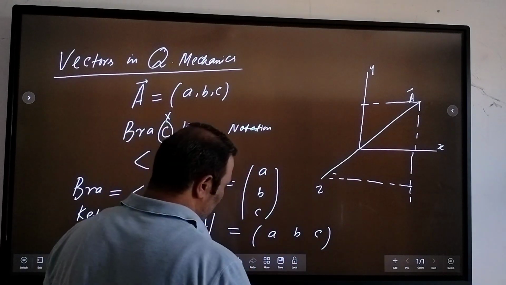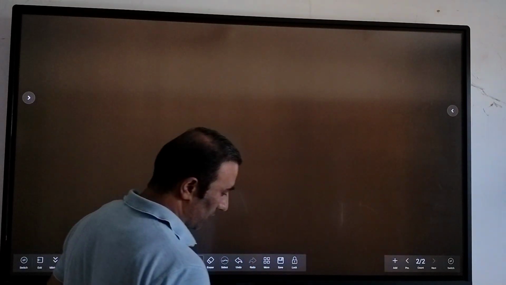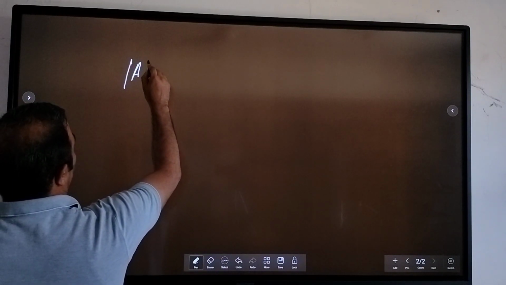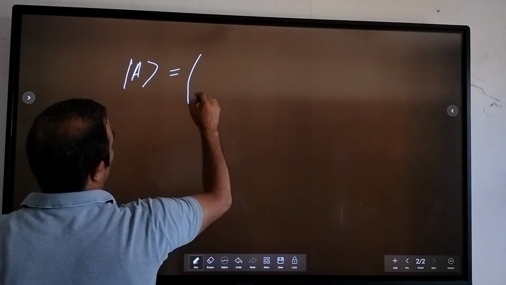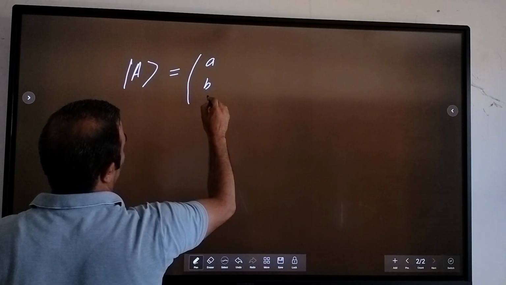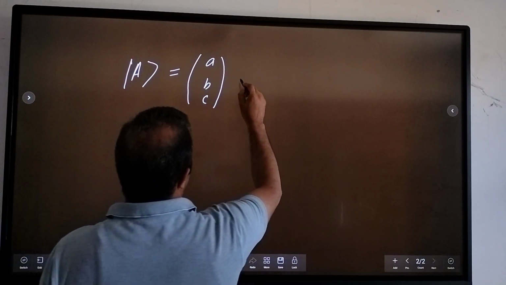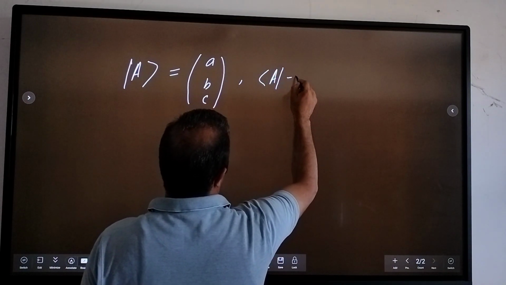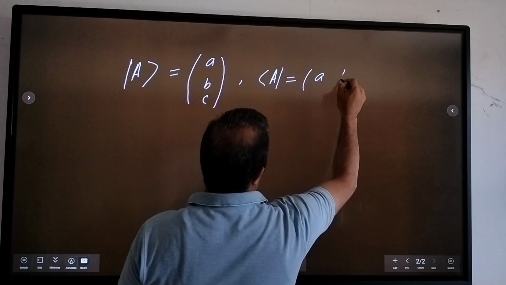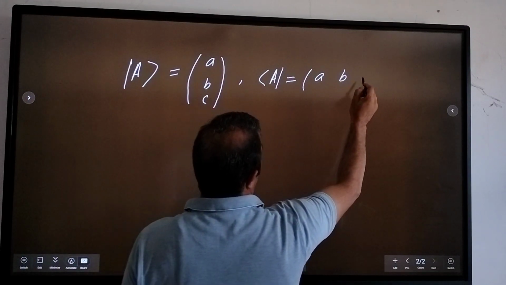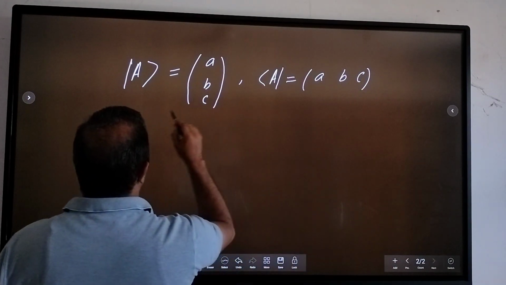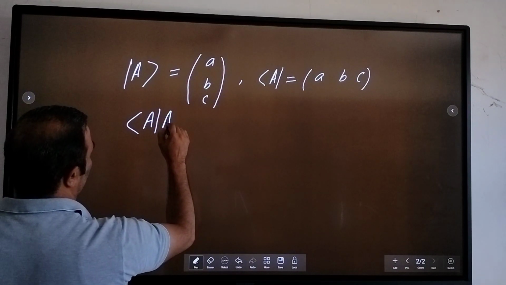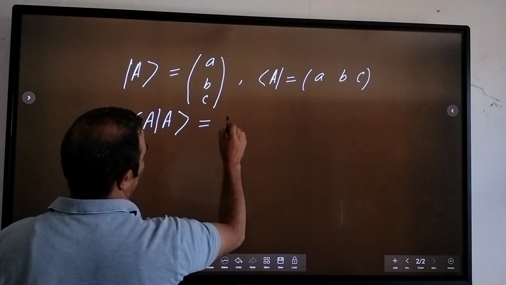So if we have a vector A, we can represent it by A, B, and C. And if you write it in bra notation, that is equal to A, B, and C. So if you now take the product between the bra state and the ket state, that's equal to.